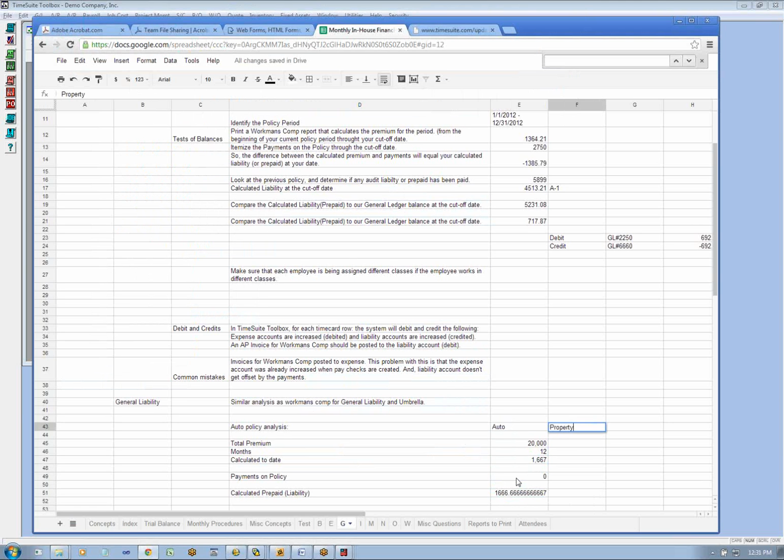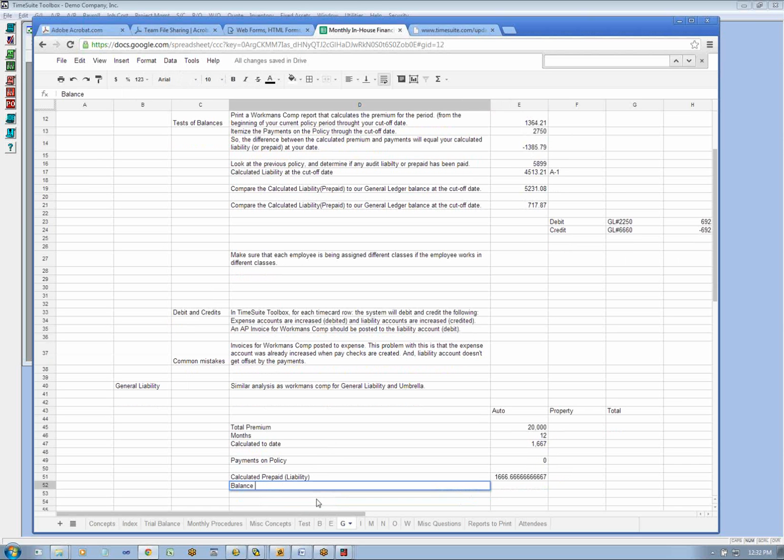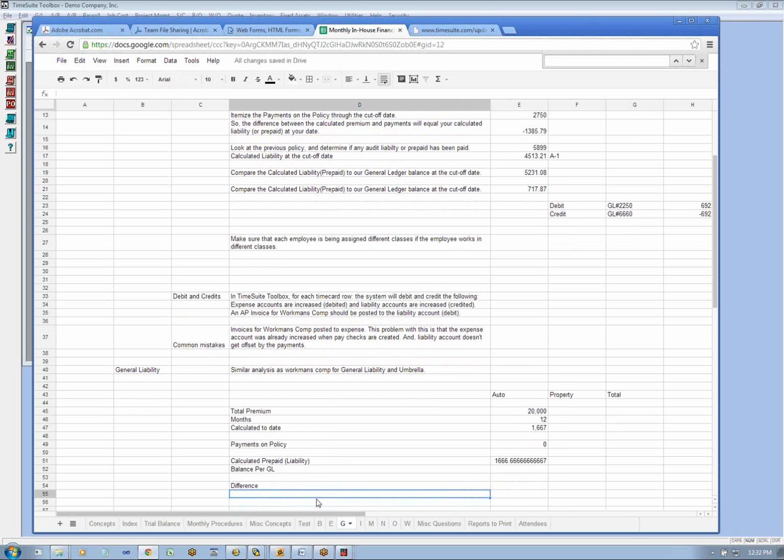And the thing that you might do is you might do this, the auto, property. You might have other components that you can do this with. And then over here you might do total. So then after you calculate your liability, you put balance per general ledger, and then the difference, and then you do a journal entry for the difference.